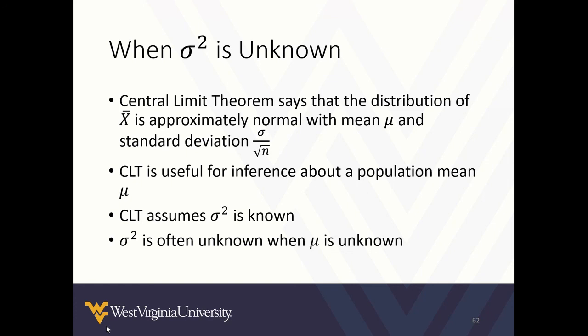The central limit theorem states that the distribution of our sample mean is approximately normal with mean mu and standard deviation sigma divided by the square root of n. And we know that the central limit theorem is useful for inference about a population mean mu. However, the central limit theorem assumes that the population variance is known. However, we do know that oftentimes we don't have the population variance. So what do we do in that case?